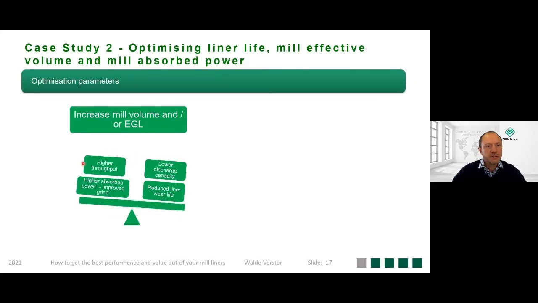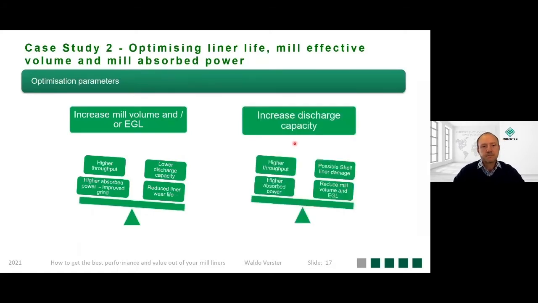The positives are a higher throughput, also higher absorbed power plus an improved grind. On the negative side, if you increase this without considering the rest of the liner design, lower discharge capacity and reduced liner wear life.